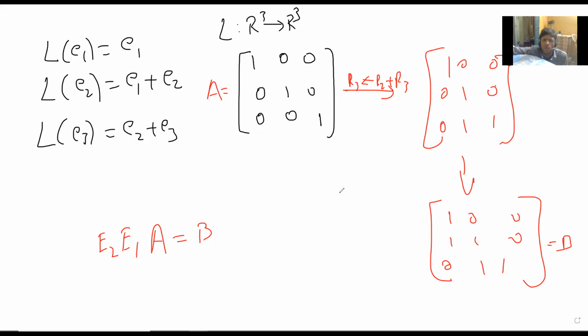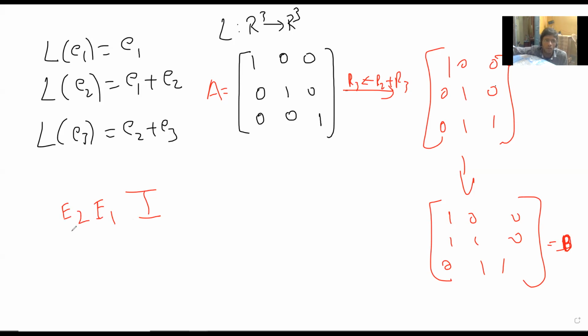Maybe this point is not so clear to everyone. It's in a slightly non-traditional way. I started with the identity, multiplied with this transformation and got here, then multiplied with another one and got here.